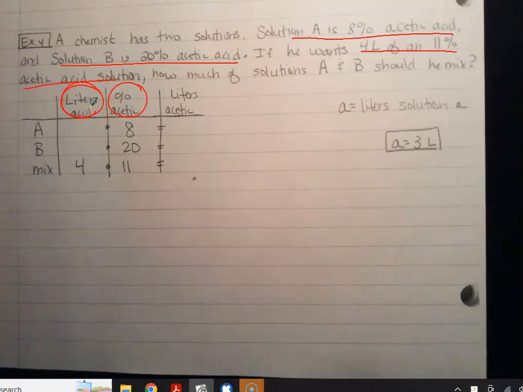So then my last column is the liters of acetic acid. This is my whole times the percent equals the part, just like we've been working on and manipulating that equation. Let's plug the numbers into the chart.